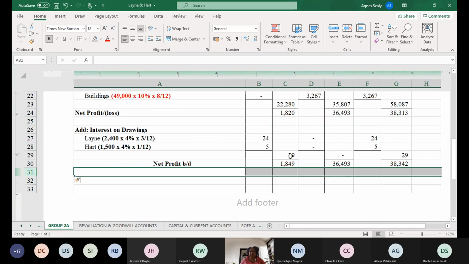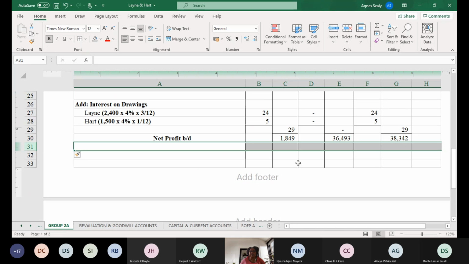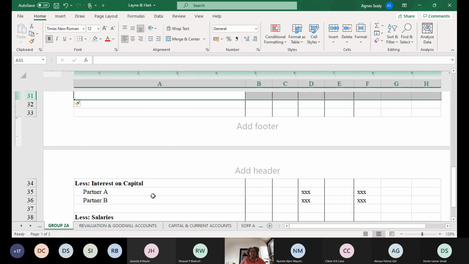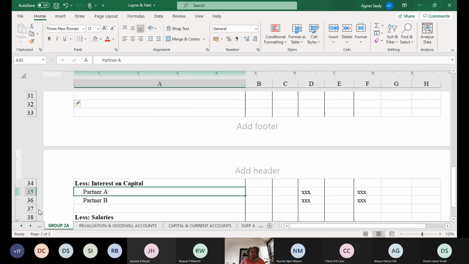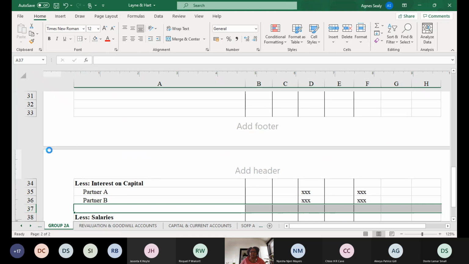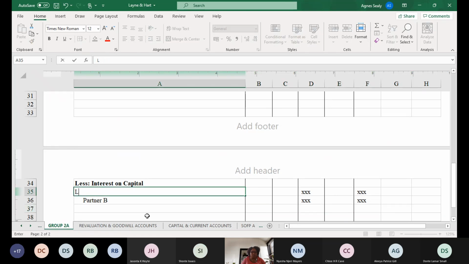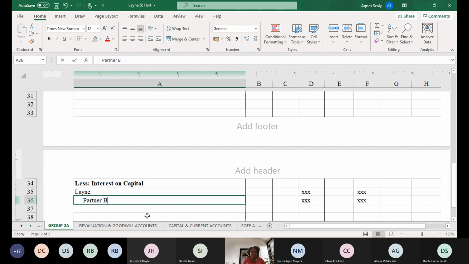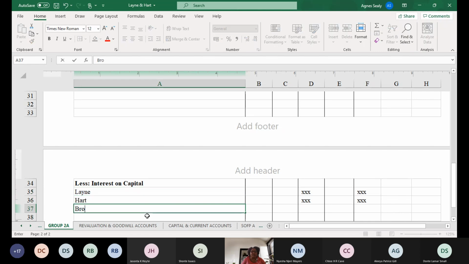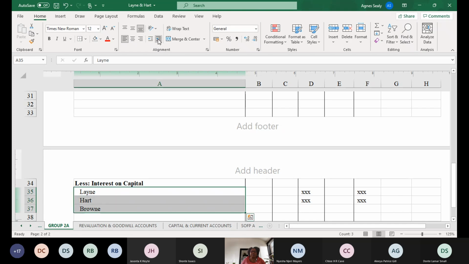Right. So we are looking at this 1849 and 36,493 under the old. Now we're going to subtract the interest on capital. So let's look at doing the interest on capital. You have Layne, Hart, and we also have Brown, because the old agreement provides for interest on capital, and the new agreement also provides for interest on capital.